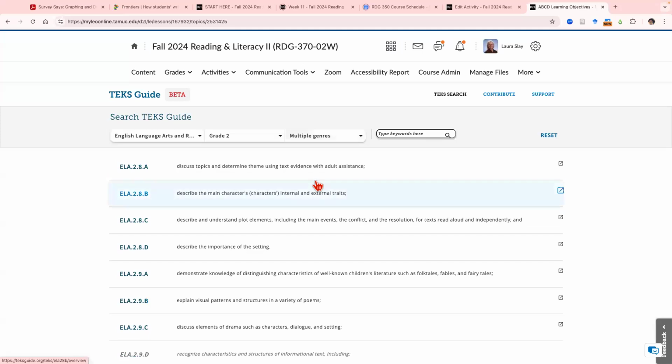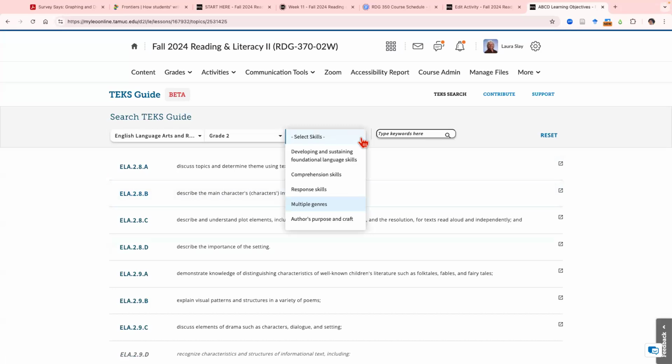Multiple genre is just that. It focuses on specific genres. Like here, it's talking about poems or drama and the elements that inform drama, etc. There's not too many for your grade level, so you're going to want to read through those to find the ones that are going to suit your needs or your interest, okay?